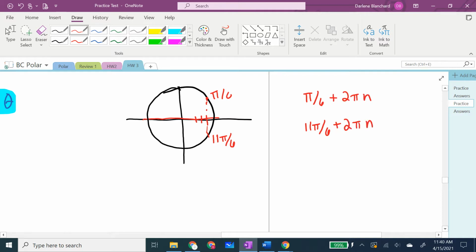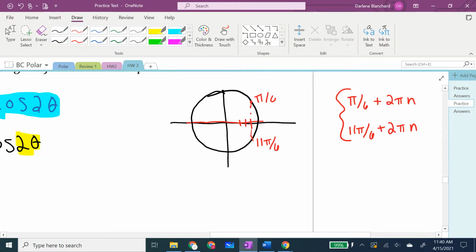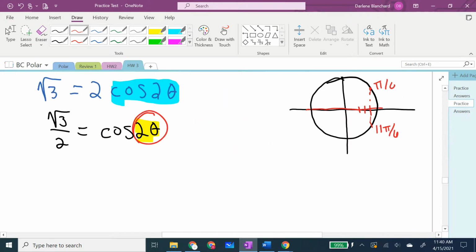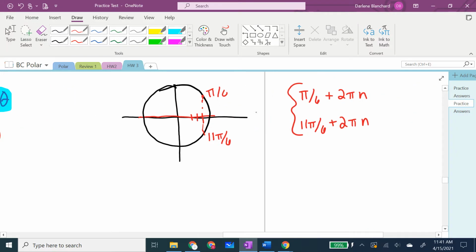Integer includes 0, 1, -1, 2, -2, and that is about how many times I can go around the unit circle and then stop at that same exact spot. This is what the angle in cosine is equal to. So 2 theta is equal to these two expressions if I want to get every single possible solution to that equation.